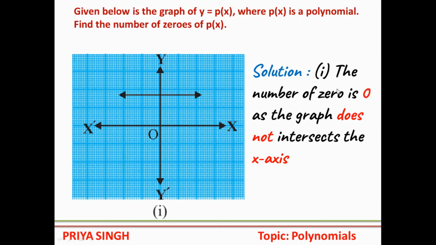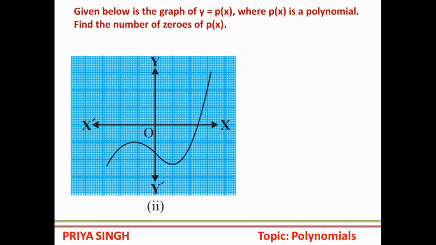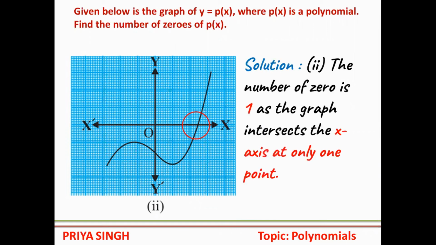Let us take the second sum. In this graph, it is intersecting the x-axis at 1 point. So my solution will be the number of zeros is 1, as the graph intersects the x-axis at only 1 point. Now, let us take our third sum.